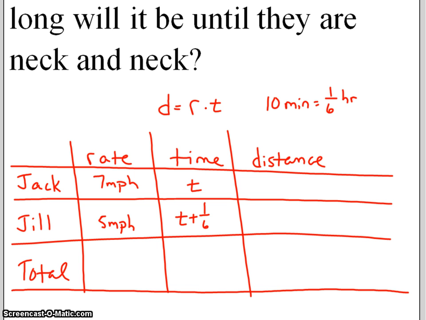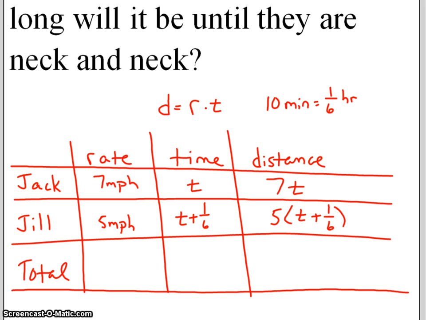So again, we're going to be in hours here right now. Now that means Jack's distance is 7t, because it's just rate times time, so 7 times t, whereas Jill's distance is going to be 5 times t plus 1/6.